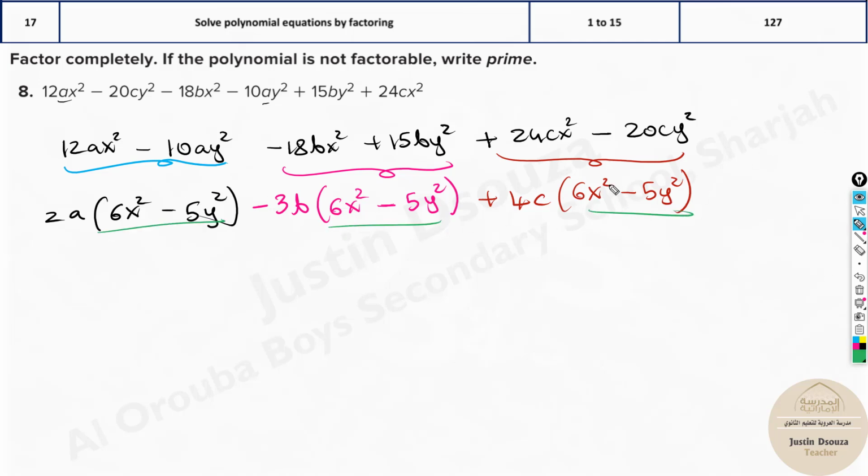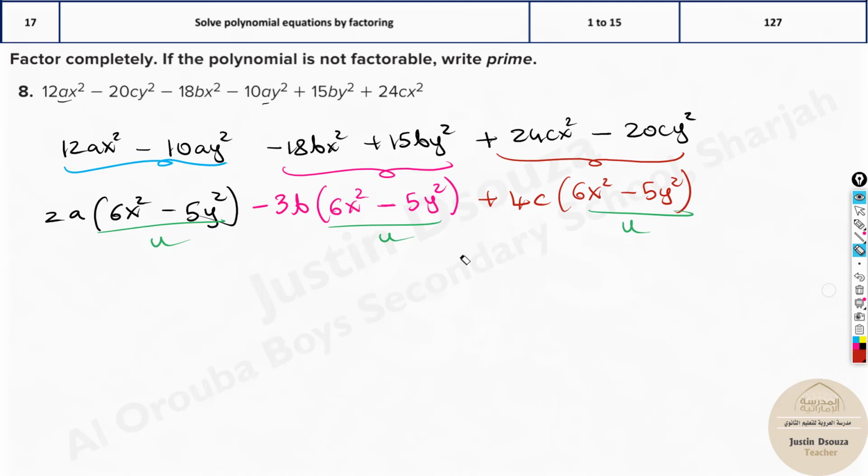So you can assume this to be u and take the u out. It's up to you. Or you can just take this entire 3 terms outside. See, now if you're assuming this to be u, then you remove u outside and what happens? You're remaining with 2a minus 3b plus 4c. And then you substitute this value, or directly you can solve it.